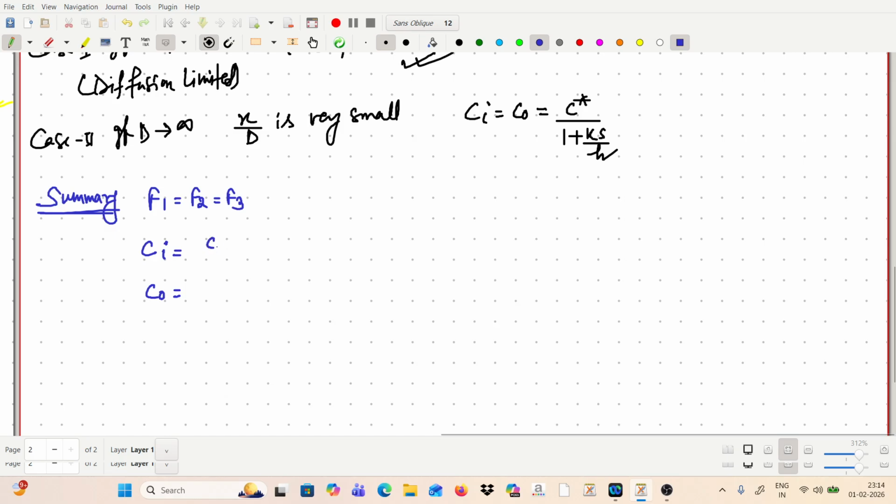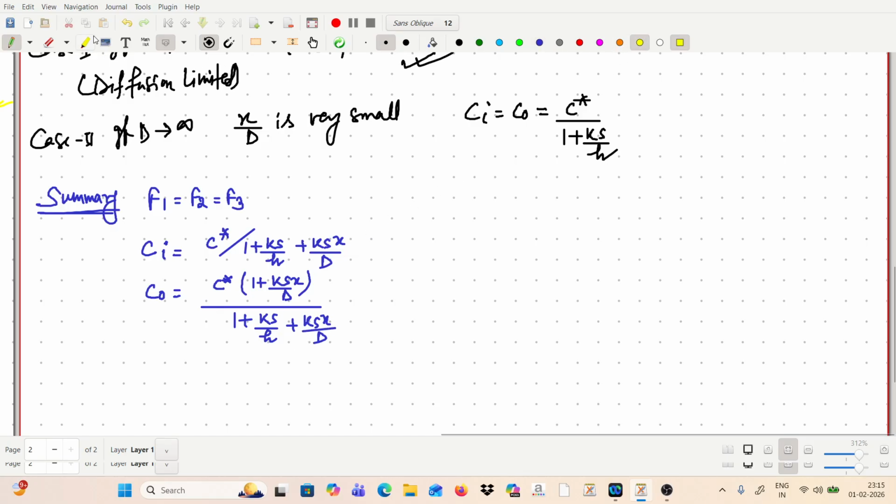Ci we have calculated as C star upon 1 plus Ks by H plus Ks x by d, and C naught is a little bit complicated, but 1 plus Ks x by d upon 1 plus Ks by H plus Ks x by d.